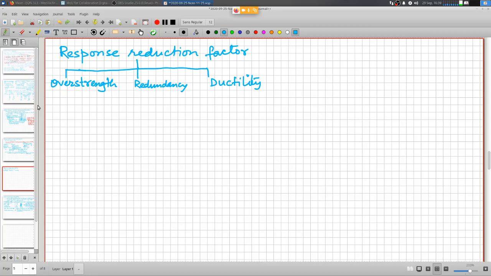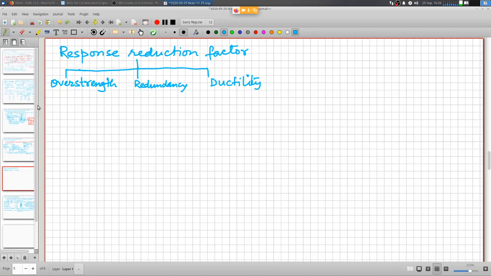Redundancy is of course the alternate load paths. If a plastic hinge develops, where demand equals capacity at a certain location, then other sections and other mechanisms would take over in resisting the load until the global collapse mechanism forms.